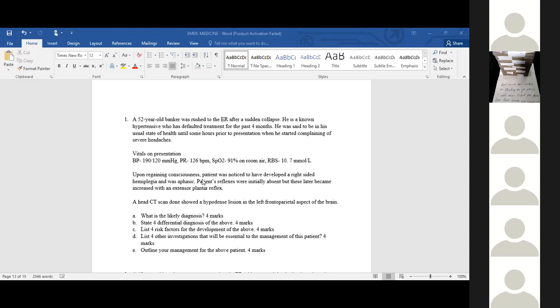So you should know things like that. You should know the risk factors that would bring up a condition of this sort. Apart from a head CT scan, you should know the other investigations that you need to do to help make your diagnosis. All right. And then, of course, you should know how to manage your patient.